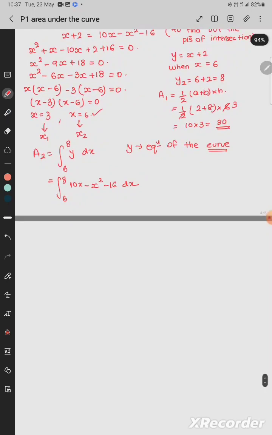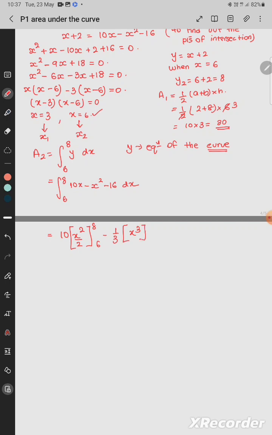So now let's integrate. So 10x squared by 2 from 8 to 6, minus 1 by 3 x cubed from 8 to 6, minus 16x from 8 to 6.